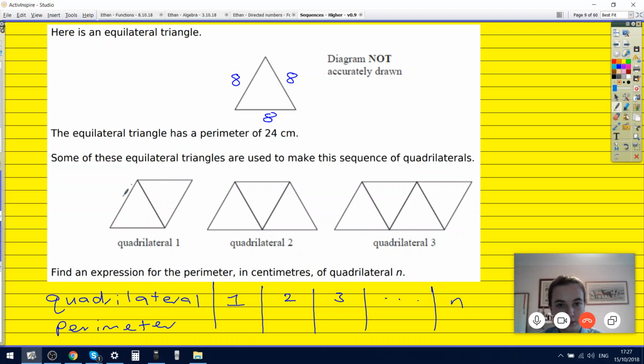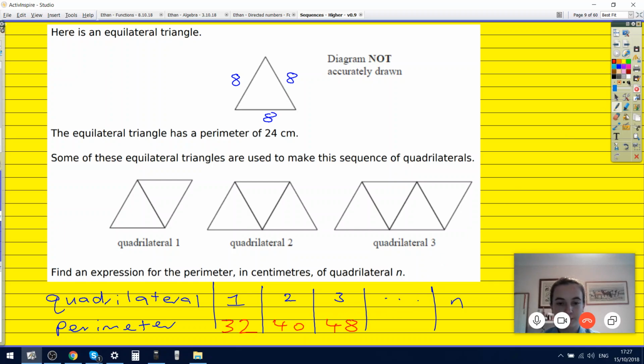Okay, so that would be the perimeter of quadrilateral 1. 4 times 8, so 32. So that's 32, okay. And then 40. And then 48.